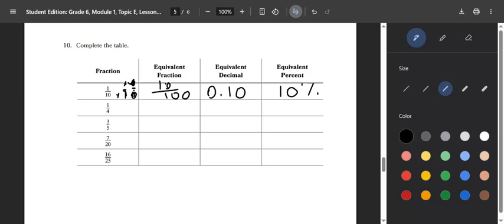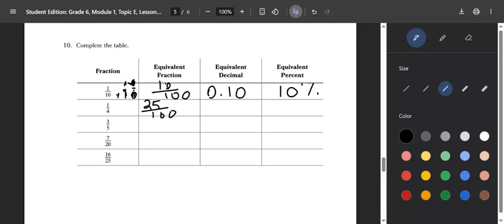For this one, I'm going to get an equivalent fraction by multiplying by 25 over 25, because 4 times 25 will give me 25 over 100. So I was just looking for a way to get 4 to 100, multiply 4 by 25, and that'll get you 4 to 100.